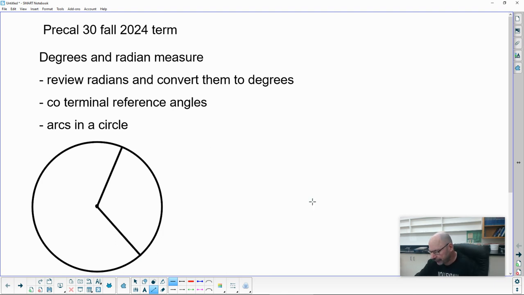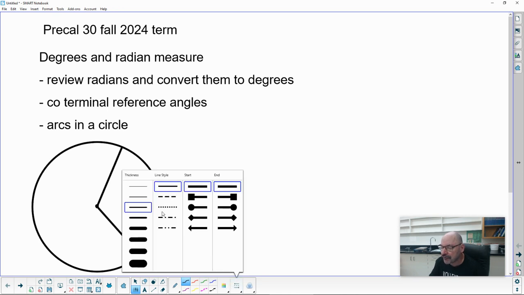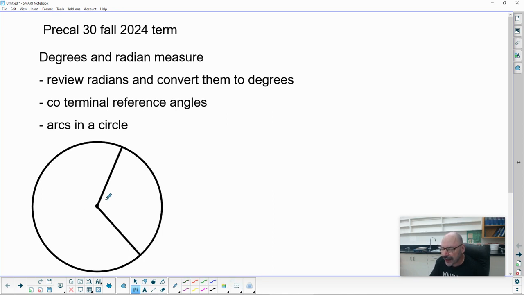Okay, and we say that we're going to do the radian measure of the angle. So it has a complete circle here. Traditionally we like to call the center angle theta, like that. This is our arc length along here, so let me just put it in blue.